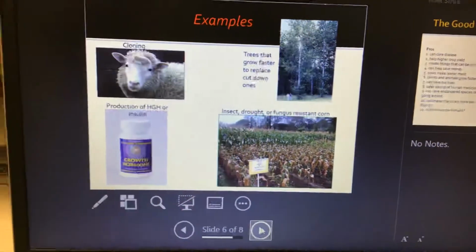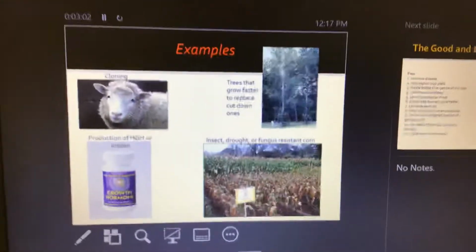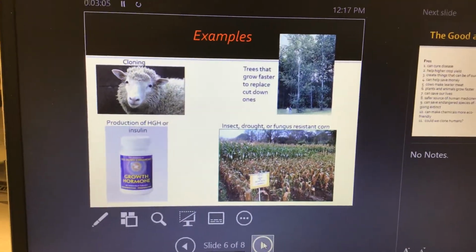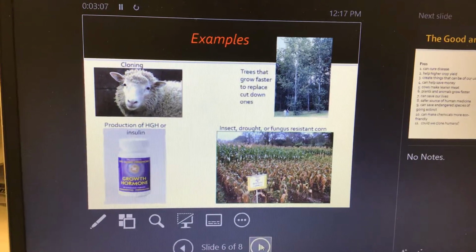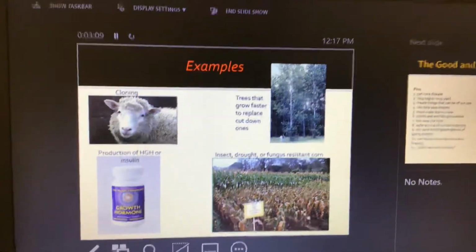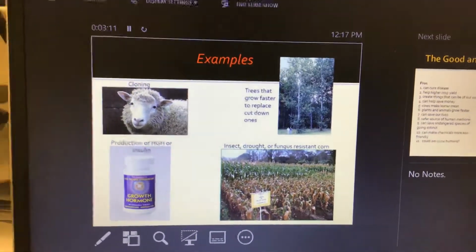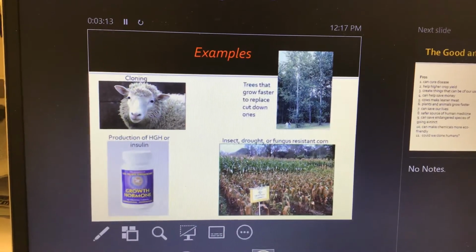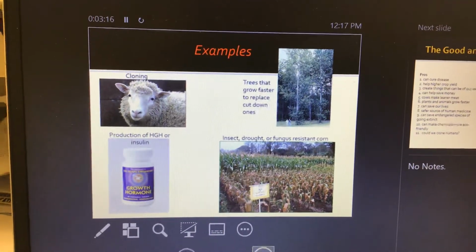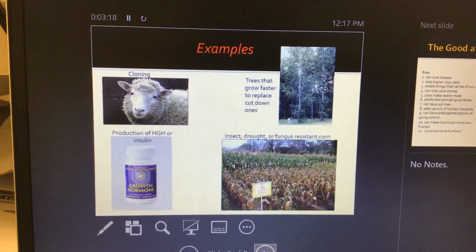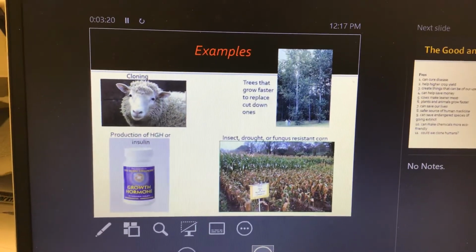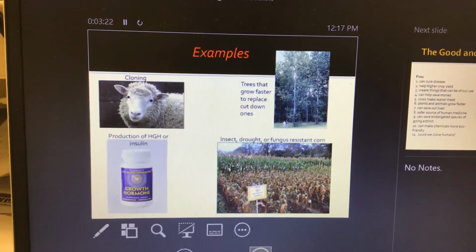Faster growing trees are an example of genetic engineering. We've genetically engineered a lot of trees to do certain things. For example, I bought a couple years ago a peach tree that would live in South Dakota.